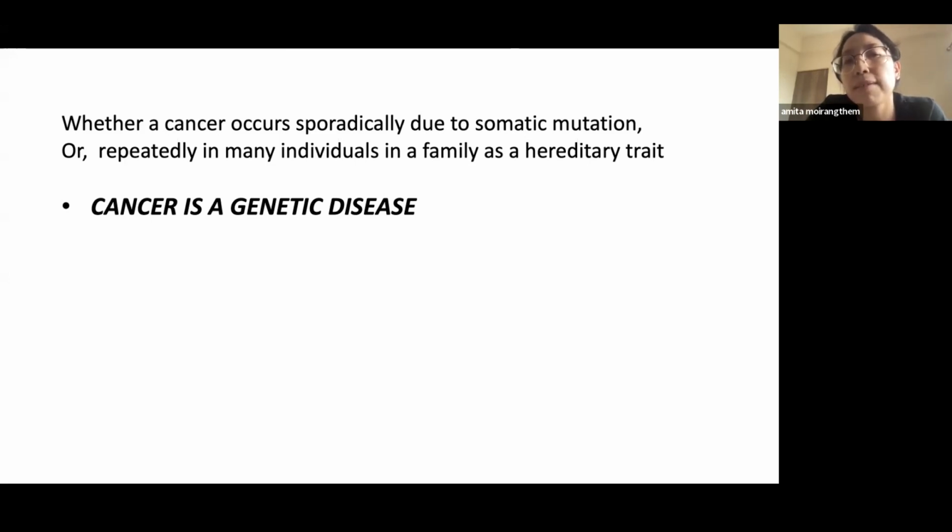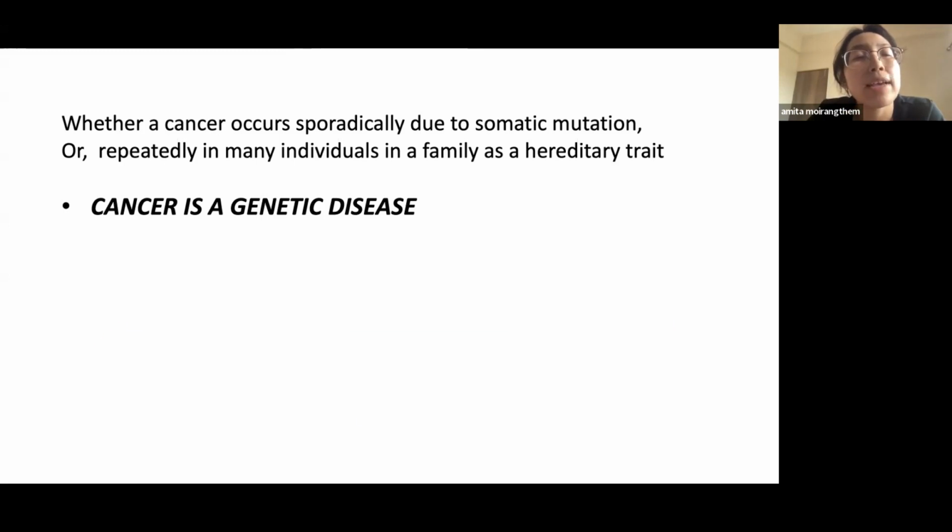So whether a cancer occurs in one individual in a family, which is sporadic because of a somatic mutation, or in some cases in many individuals in the same family as a hereditary trait, the fundamental aspect is that cancer is a genetic disease.